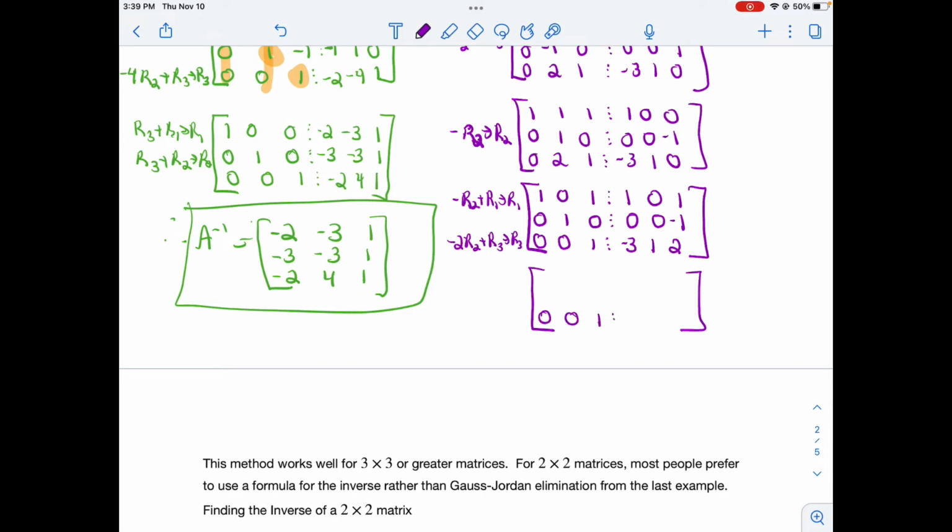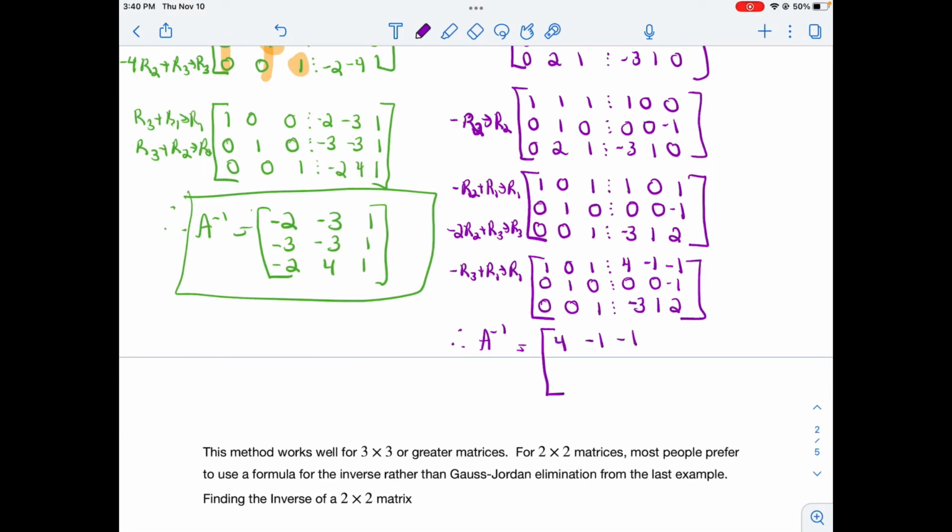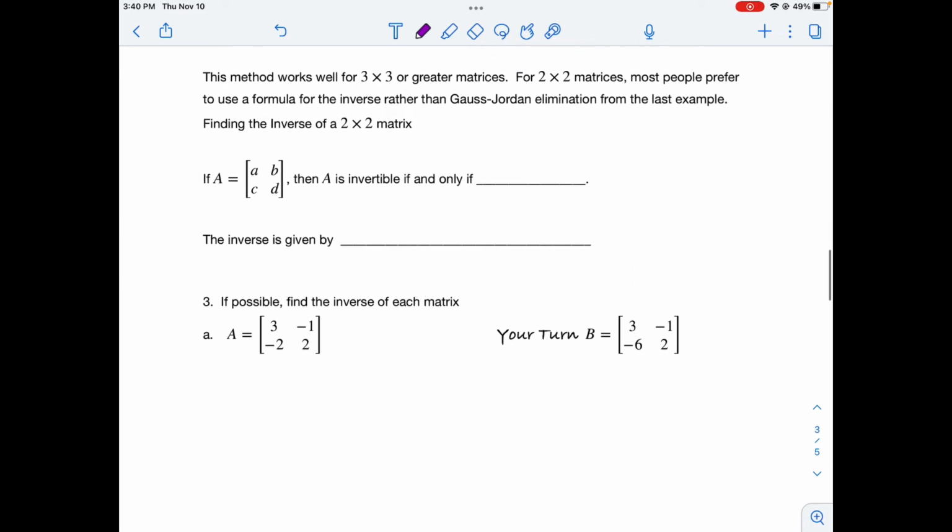So all I have left to do is get a 0 in my third entry on my first row. I can do that simply by multiplying -1 times row 3 and adding it to row 1. So therefore, I found my inverse matrix.